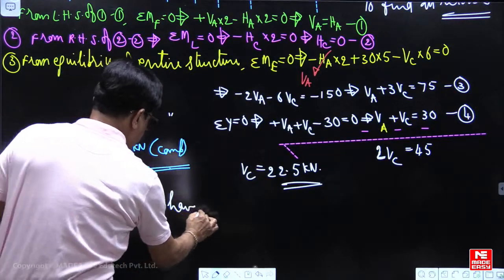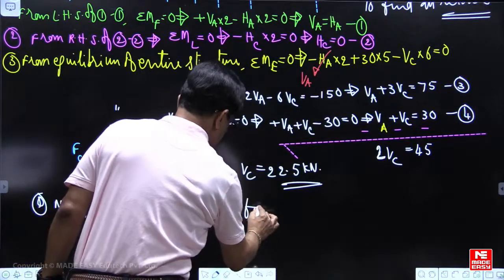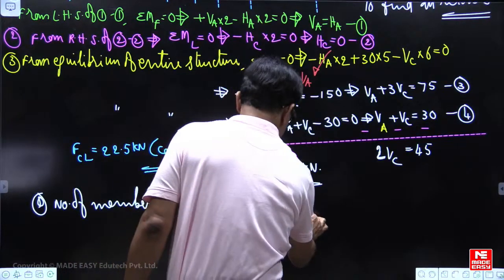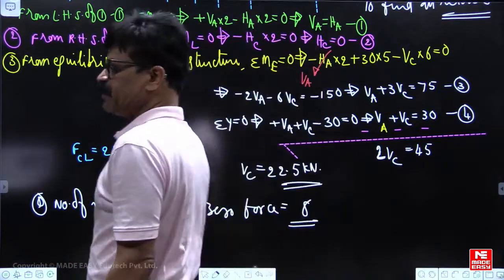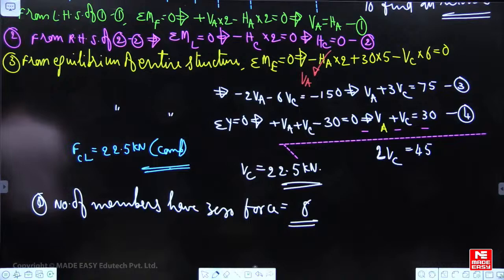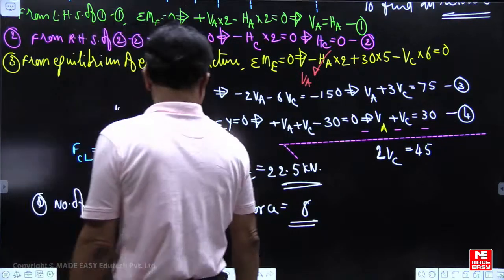Number of members having 0 force: 8 members. Okay.